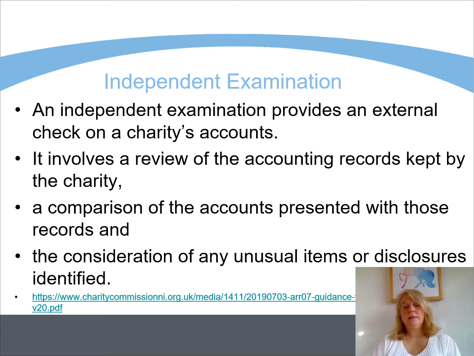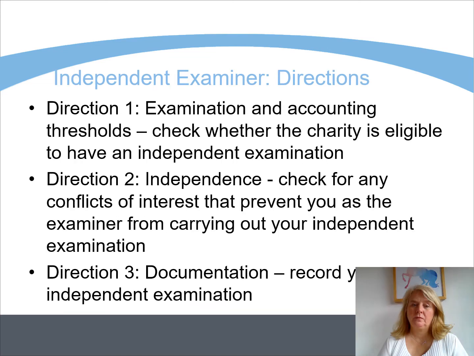So an independent examiner involves an external check on accounts and a review of the accounting records held by the charity and a comparison of the accounts with the records. And their job is to identify any unusual items or disclosures. And there's a whole set of guidance which can be found at this link. There are a number of directions that independent examiners must follow.